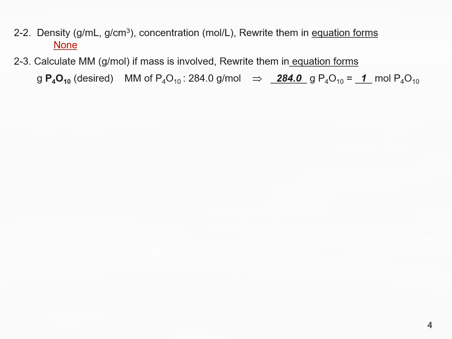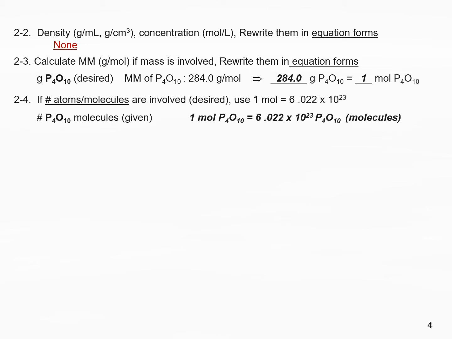As we move on to the next step, we realize the question has a certain number of P4O10, so we have to use the definition of the mole. So 1 mole equals 6.022 times 10 to the 23rd, but here I just want to have those entities attached. So 1 mole of P4O10 equals 6.022 times 10 to the 23rd P4O10.